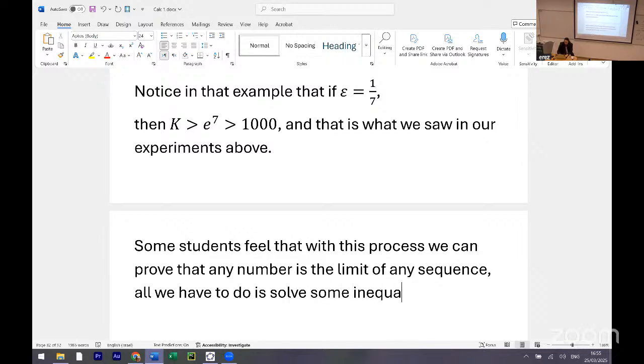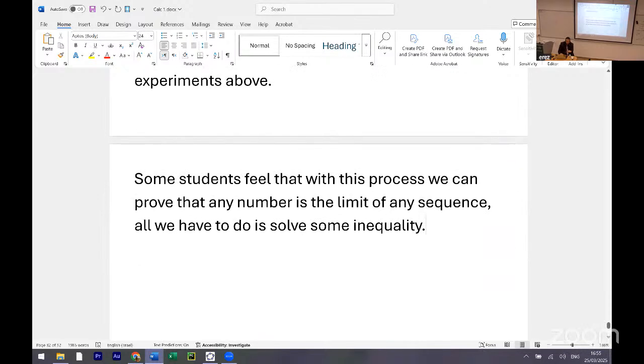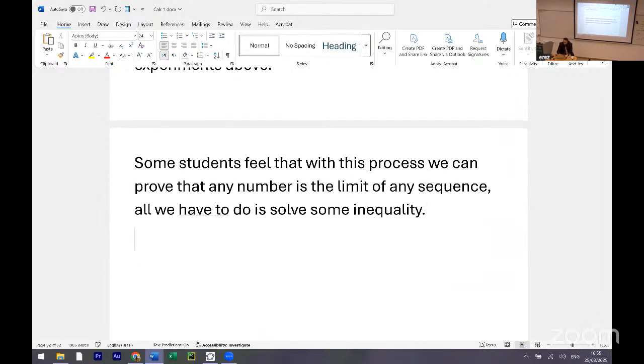That's how it feels, because I went to prove, I got an inequality, I solved the inequality, and that was the limit. So if I change the sequence, if I change the limit, I will get a different inequality, and then I will prove it, and everything will work fine. Obviously, this is not the case, but in order for you to be convinced that it's not the case, we need to see an example, and that's exactly what you asked for. And be careful what you wish for, Sammy.